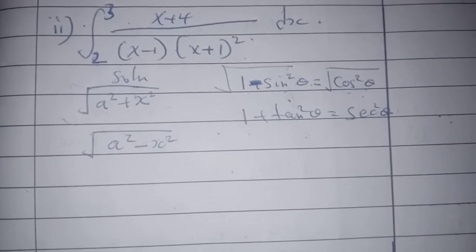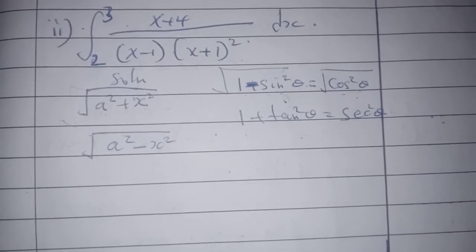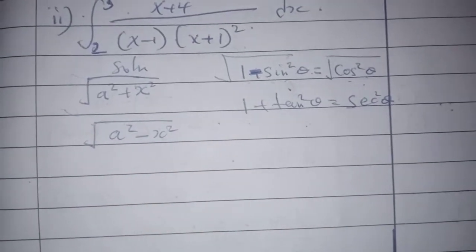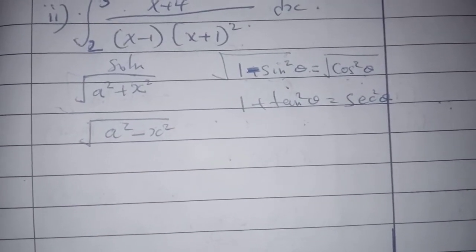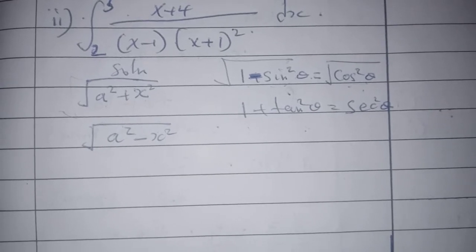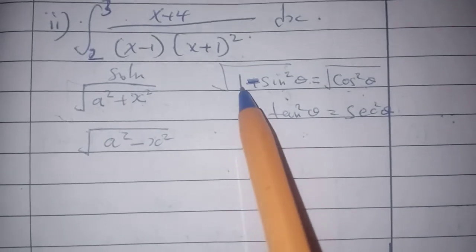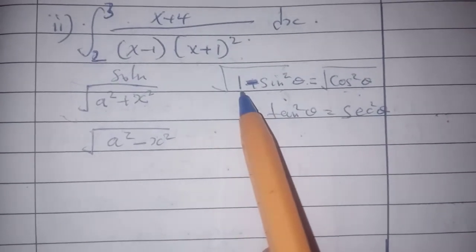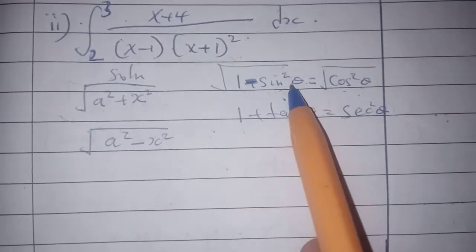So if they have square roots, then let's look at this scenario. Which trigonometric substitution will we use? We can see 1 is a square number, and also sine squared theta is a square number.